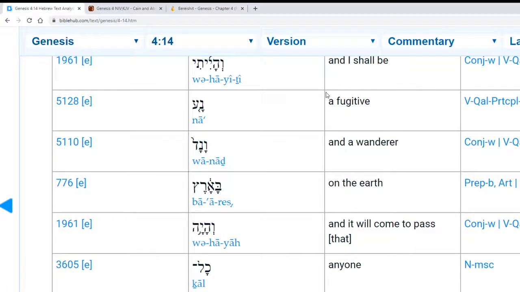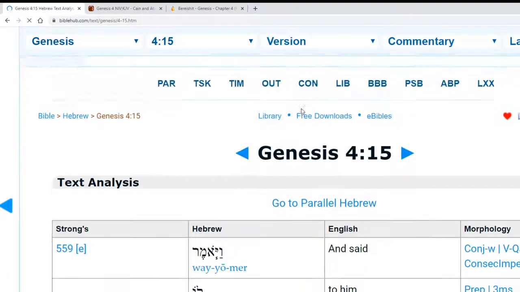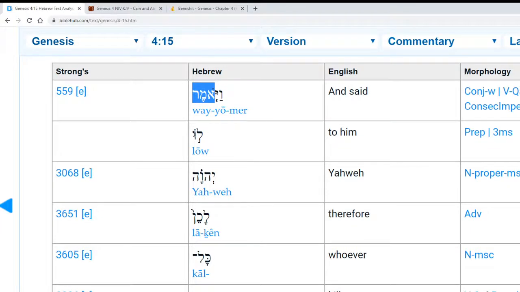Okay, verse 15. Vayomer, so conjunctive vav, yud, omer, imperfect of amar, we've had. Lo, to him, right?